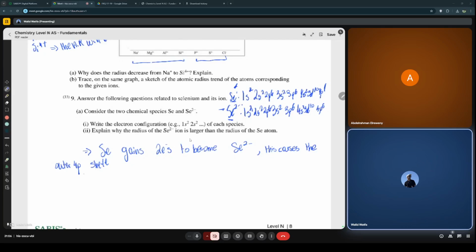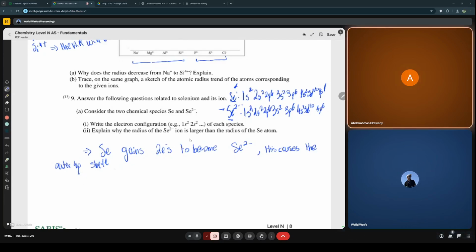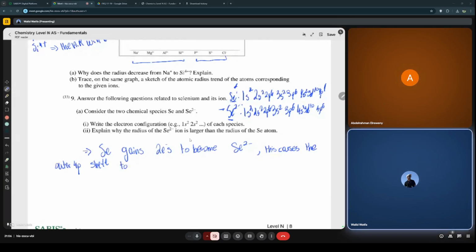In the exam, in the drag and drop, you'd have to say 4p, 3p. Let's actually say this.